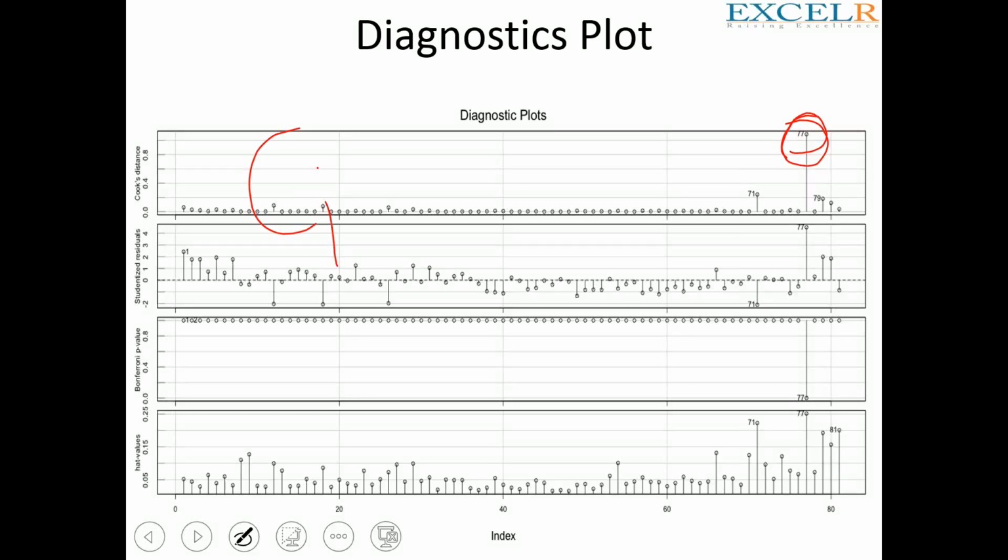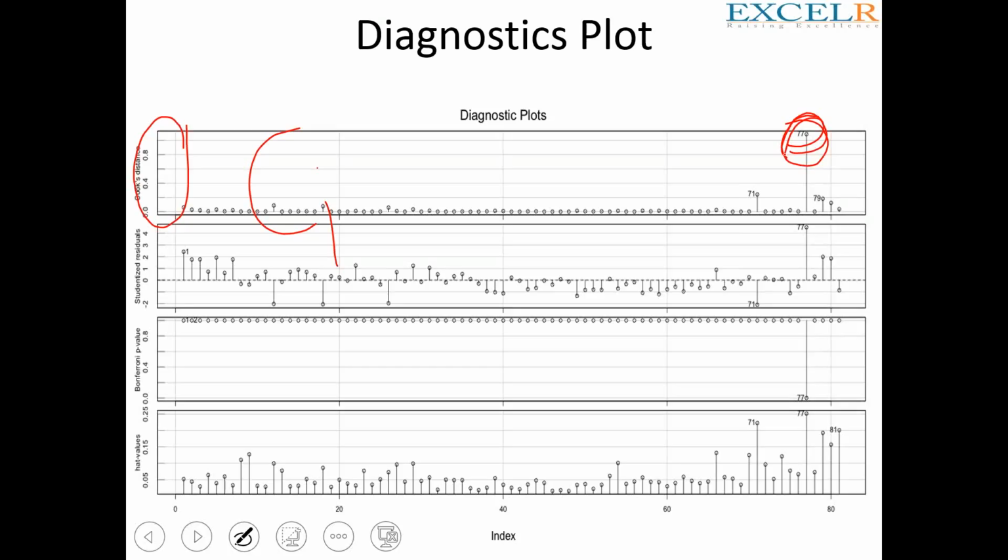Again, I'm not getting into the calculations of that, but remember that if the Cook's distance values are greater than the 50% point, basically greater than 0.5 of the F distribution, then you call that influential. Or in practical scenarios, if the Cook's distance value is greater than 1, you call that an influential value.